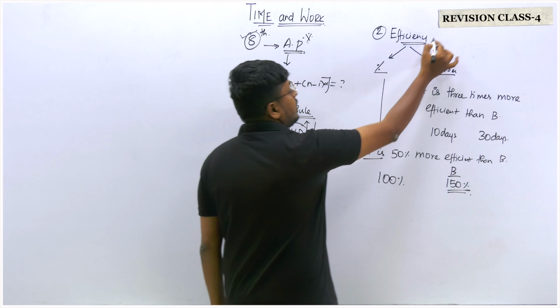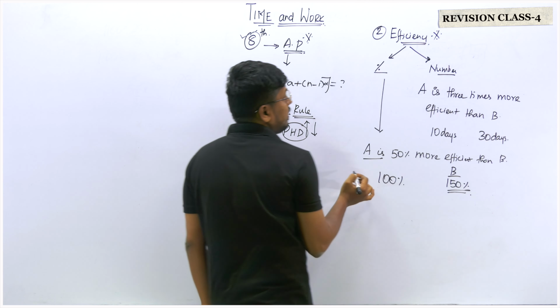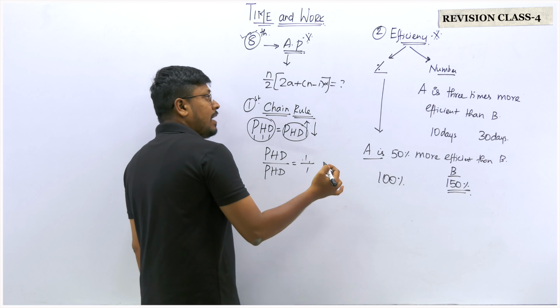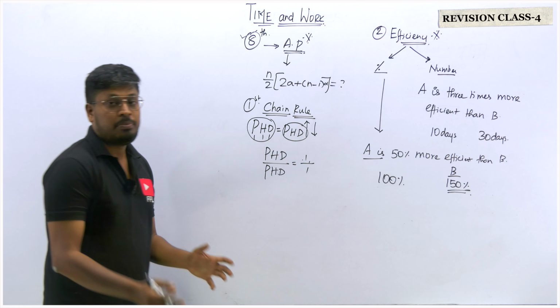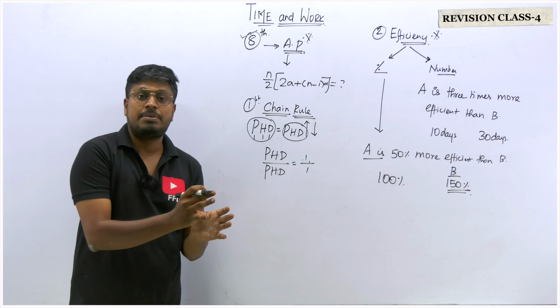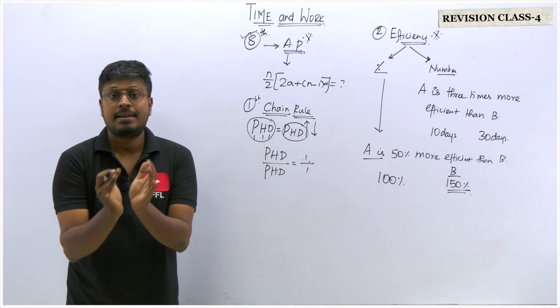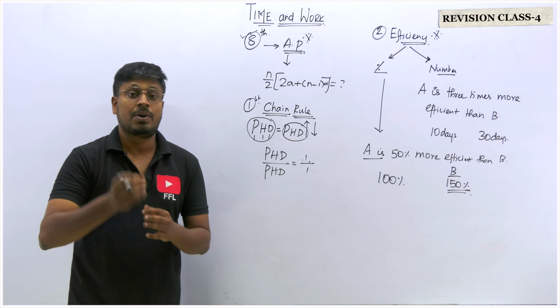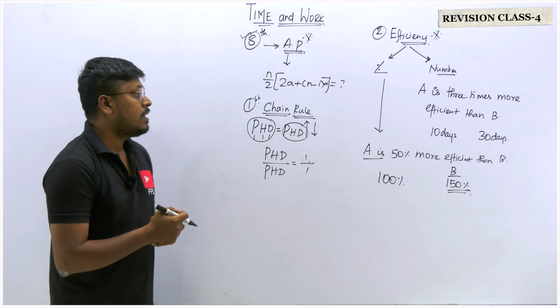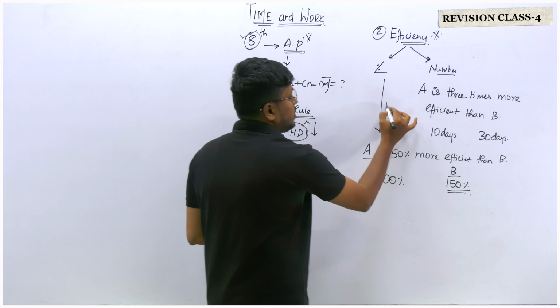So this is what I explained in the second video of time and work. And then I have solved a few questions based on both the models. The first model is based on numbers, and at the last I have solved some questions based on percentage as well, right? And then this area, ratio, is important.